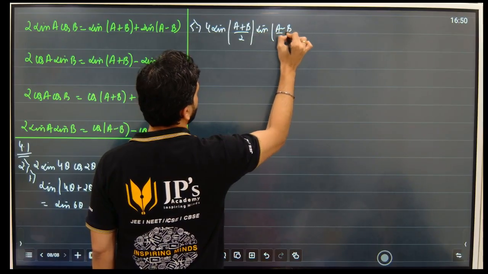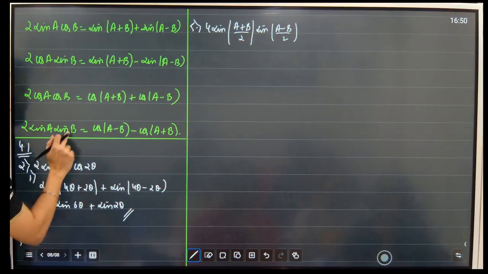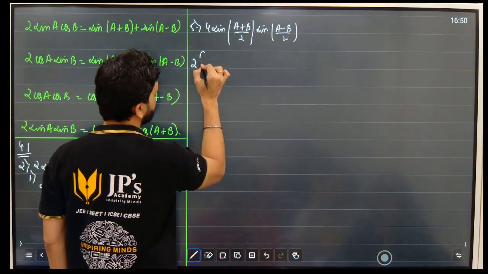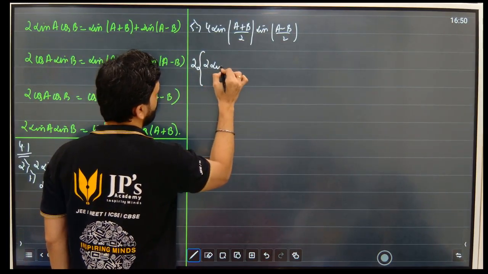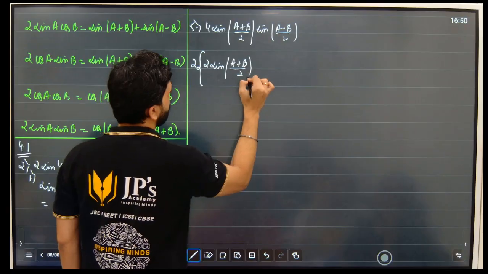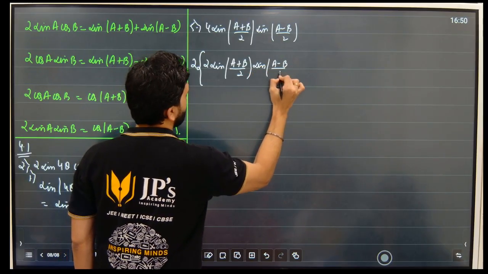Now, this formula looks like 2 sin A sin B, but there it is 4, not 2. So first of all, I'll write it like this: 2 times 2 sin of A plus B by 2 into sin of A minus B by 2.